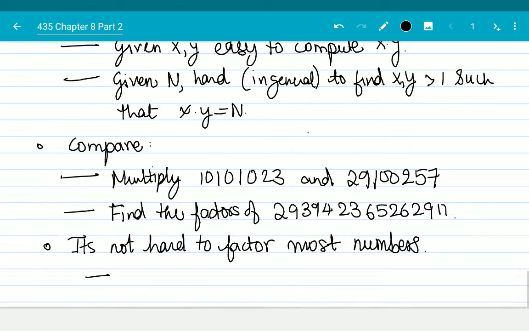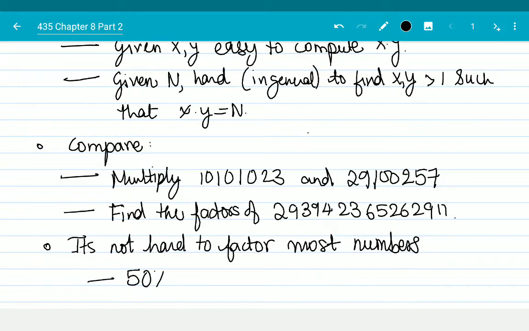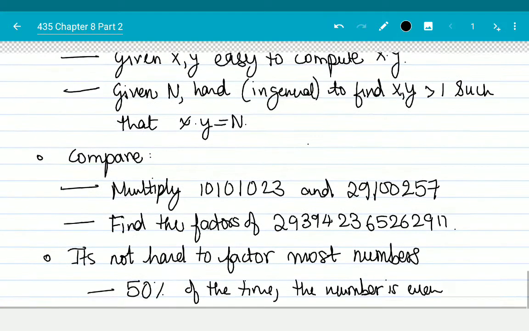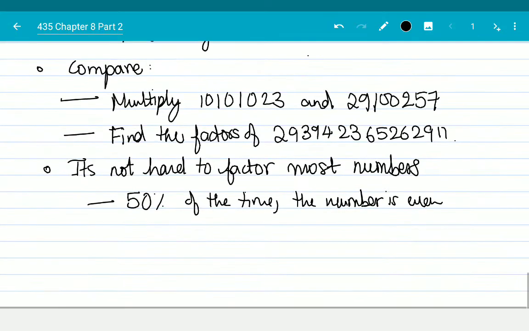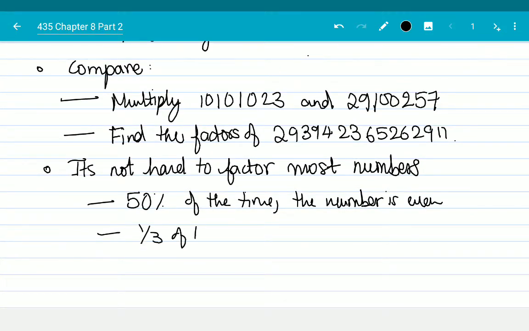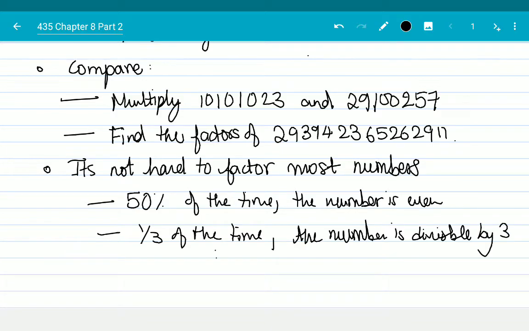Half of them are even, so 50% of the time the number is even. 1/3 of the time the number is divisible by 3, and so on.